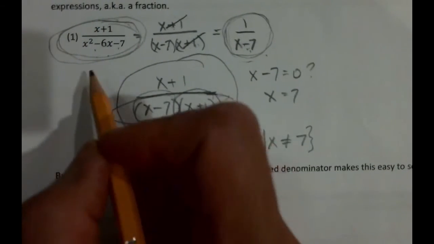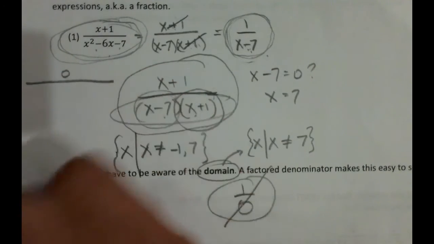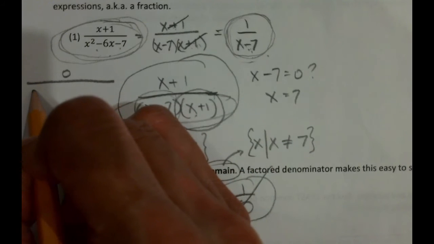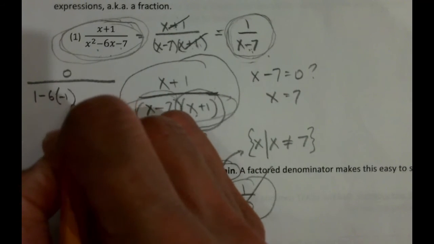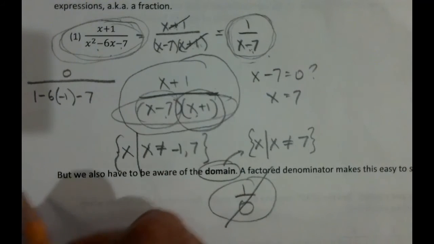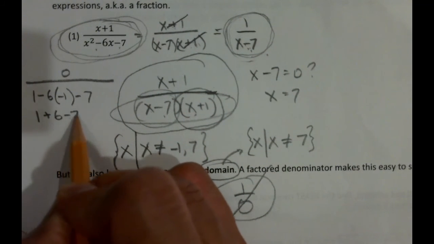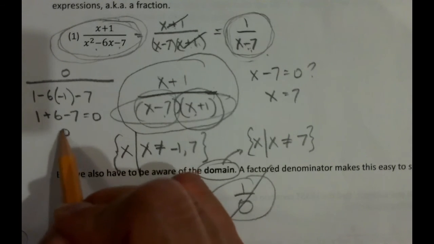And in this case, if I were to plug in negative 1, I would have 0 on the top, which, by the way, is fine. It's equal to 0, not a problem. But in the bottom, I have negative 1 squared minus 6 times negative 1, minus 7, which is 1 plus 6 minus 7, which is 0. So I actually have 0 over 0.